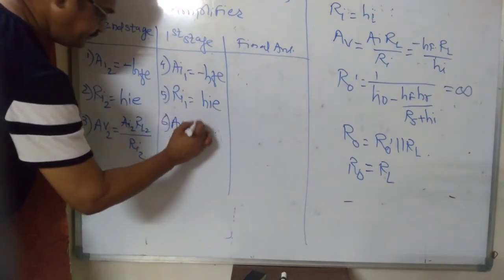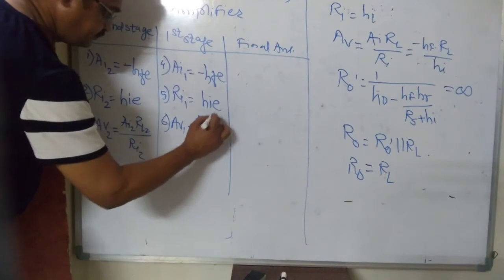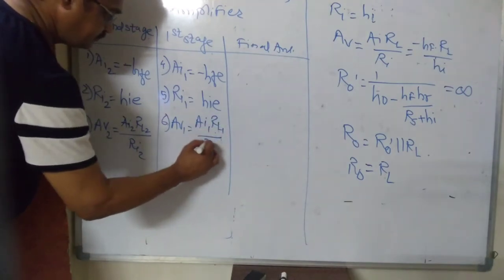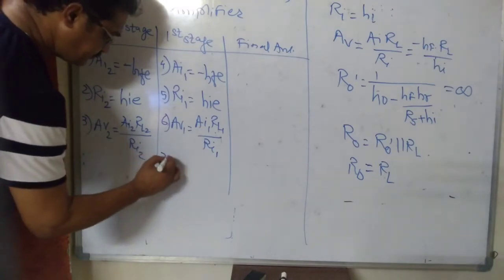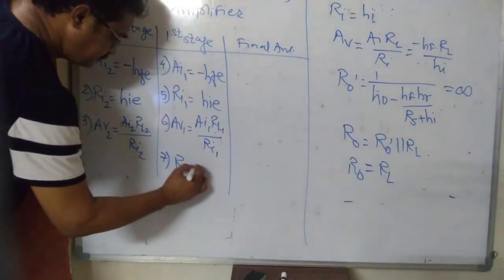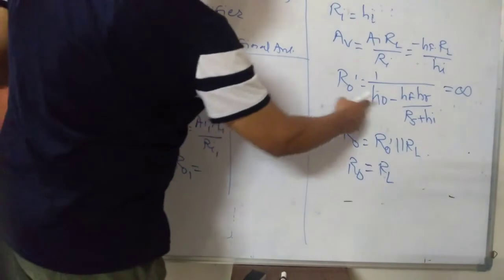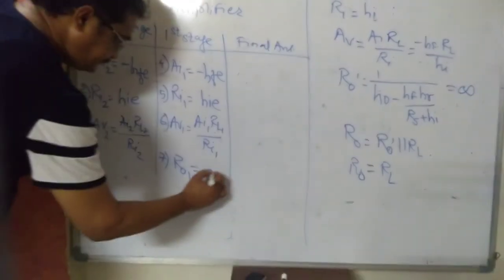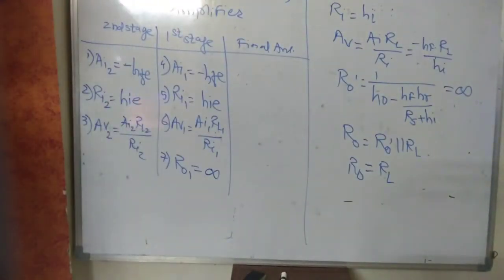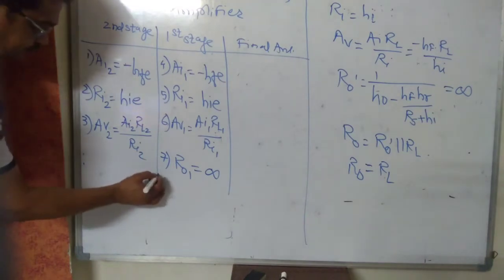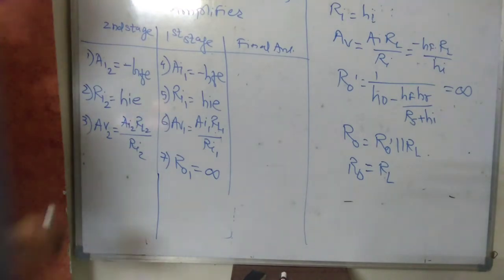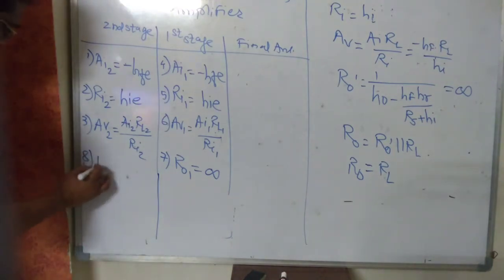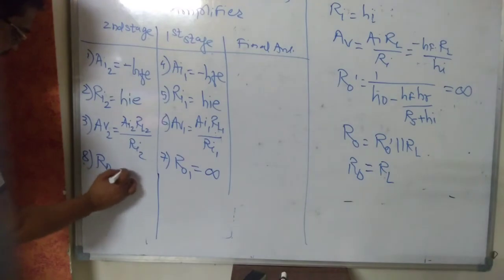AV1, RO1, RO infinite. Right? Then eighth number, RO2, similarly also.